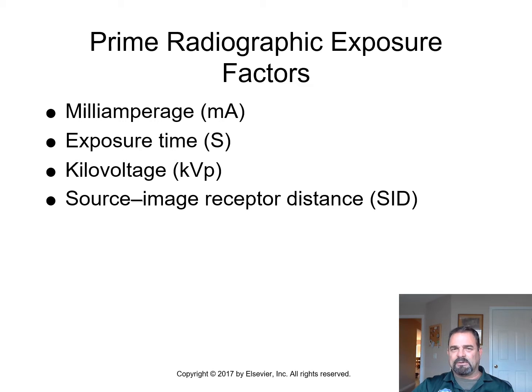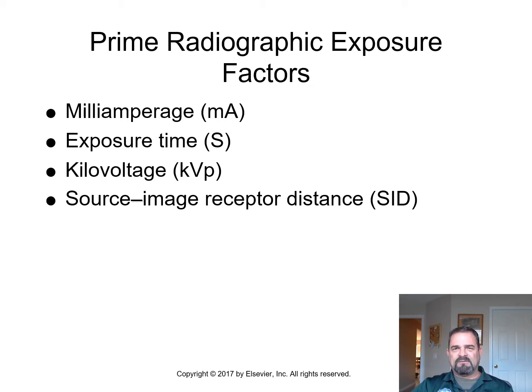That's the actual exposure time of milliamperage, but exposure time is time in seconds, represented by S. It also controls the radiographic density. It controls the quantity of the X-rays produced and is controlled by adjusting the timer in the X-ray circuit. It also controls the duration of the exposure, and the quantity of exposure is directly proportional to exposure time.